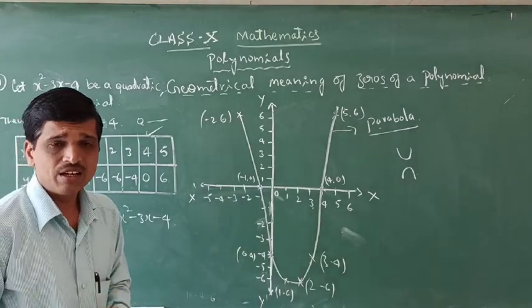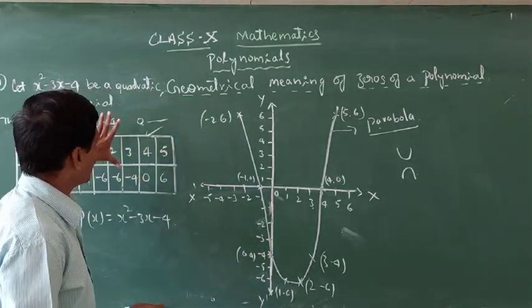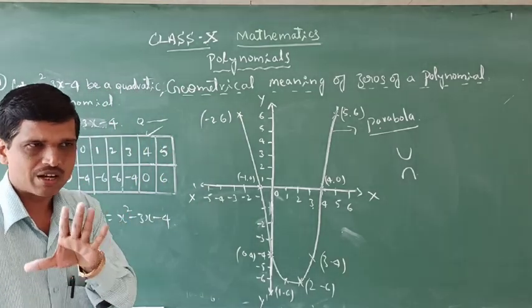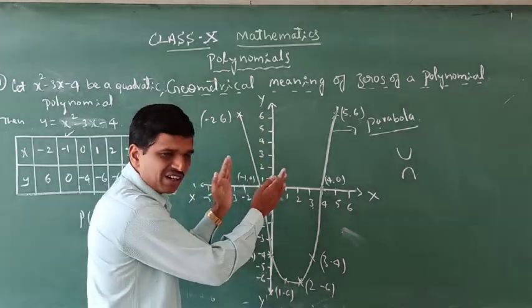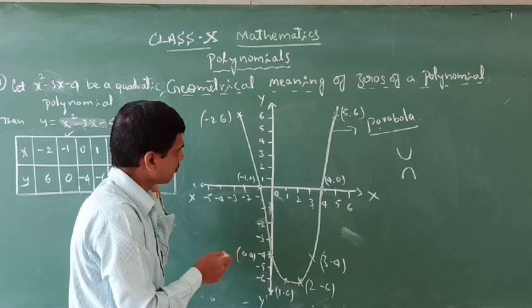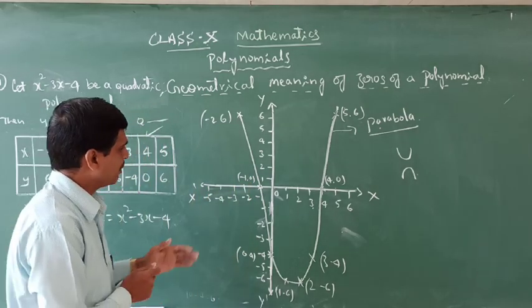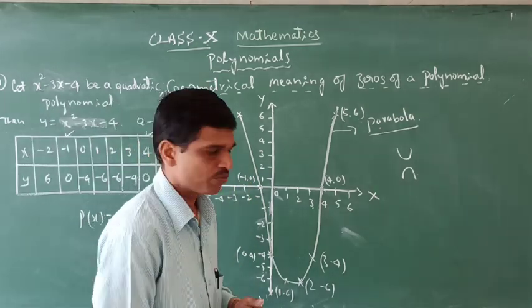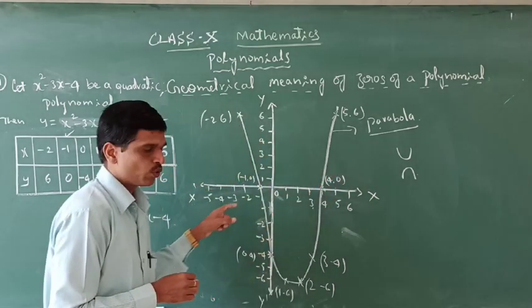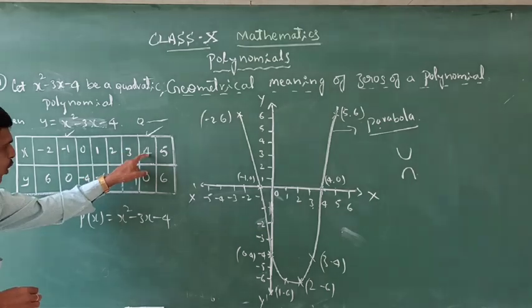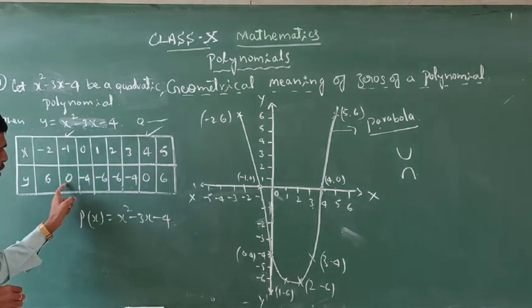Why do I consider them? I want to find the zeros of the polynomial, where it becomes 0. So if you draw the graphical representation for that polynomial, you are able to get only two values. Which are those? x at minus 1, x at 4. Only minus 1 and 4, you will get the polynomial value become 0.